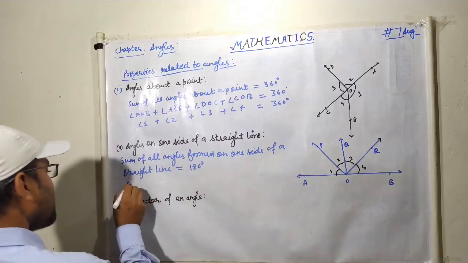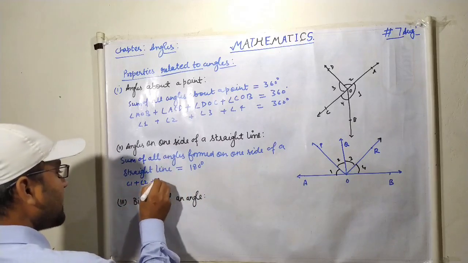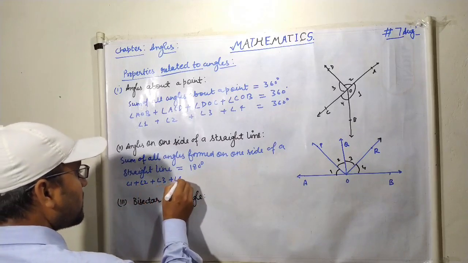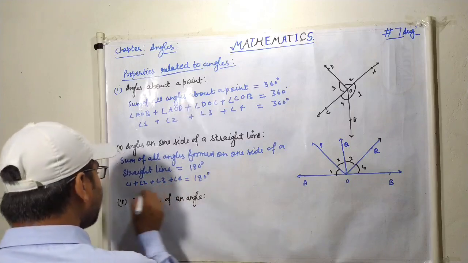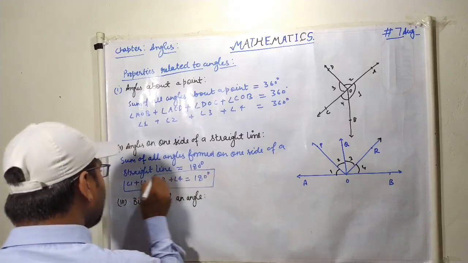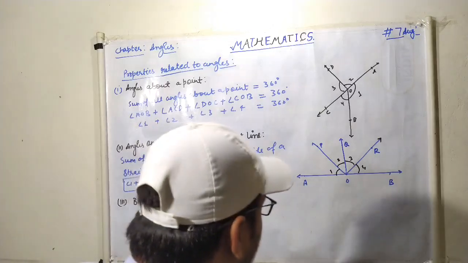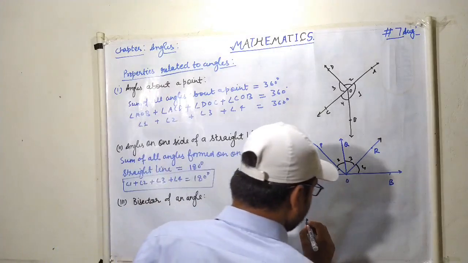So angle 1 plus angle 2 plus angle 3 plus angle 4 is equal to 180. So this is also very important, students. I will show you one example for this.